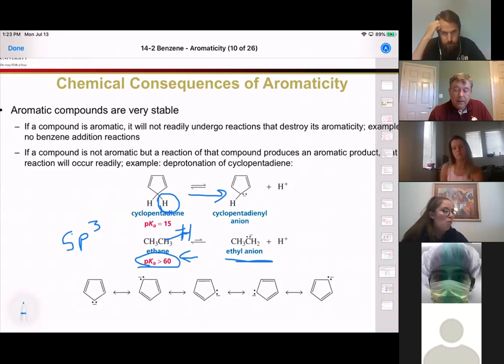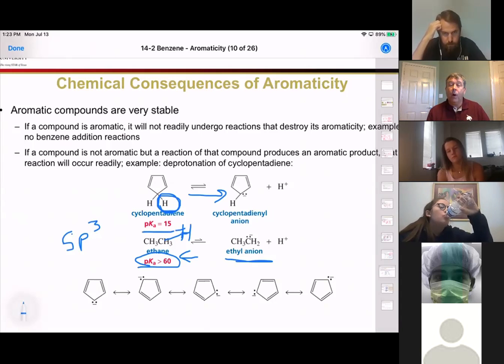However, the pKa of that first hydrogen in a cyclopentadiene is actually way down here, just about where water is. That's the pKa of water, around 16. So this is a much more acidic hydrogen.